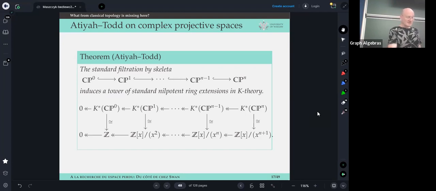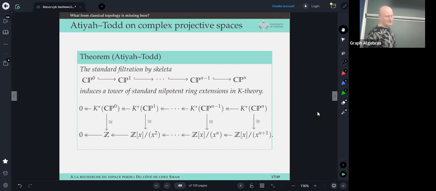So this is the identity representation. U1 can be identified with invertible complex numbers fitting in the complex numbers. It's a one-dimensional representation. So this line bundle leads to this generator of this K-theory ring.